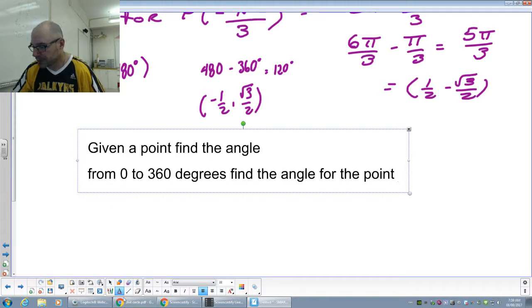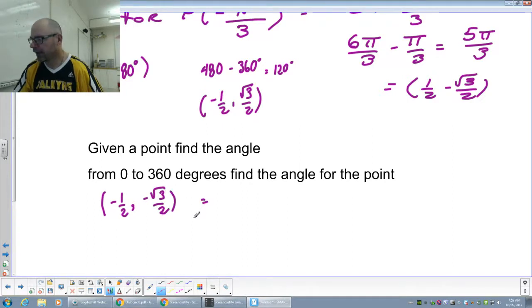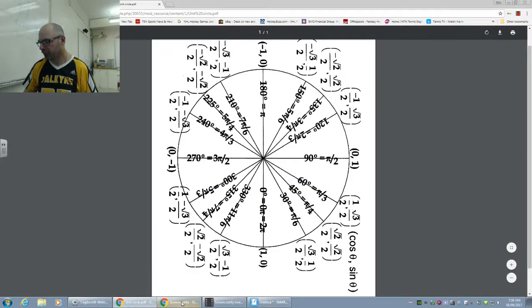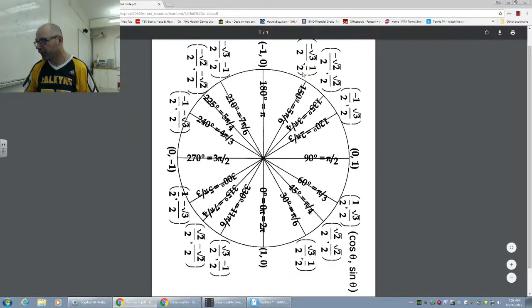Okay, let's say it will be negative 1/2 and negative root 3 over 2. So from 0 to 360, we're looking for negative 1/2, negative root 3 over 2. That would be in the third quadrant because they're both negative. So looking in the third quadrant, negative 1/2, negative root 3 over 2 is this one here. So that's 240 degrees.